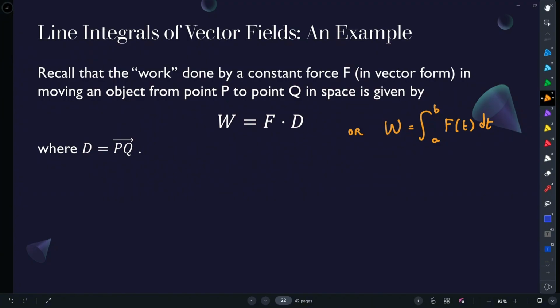Okay. Some other example of vector fields is computing work. So what is work? The work done by a constant force in vector form. If the force is just constant, and we displace an object from point P to point Q, then the work will be given by this formula. The force here is a vector, the displacement is a vector displacement, and the work is given by a dot product of the two.